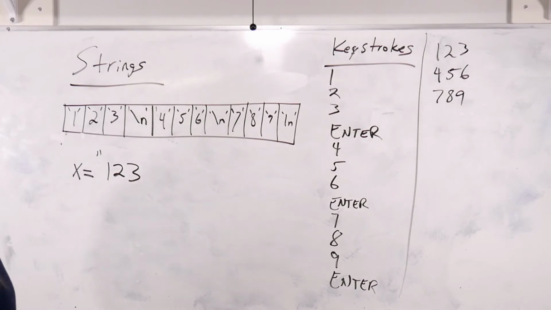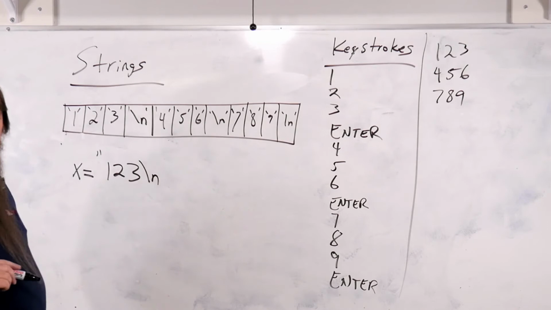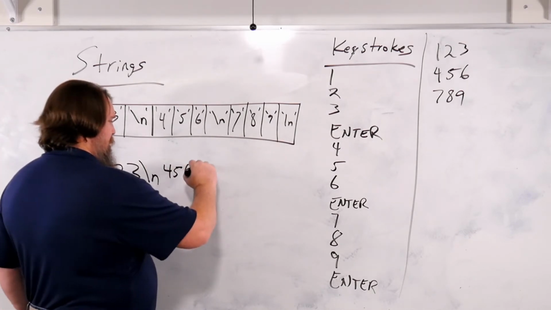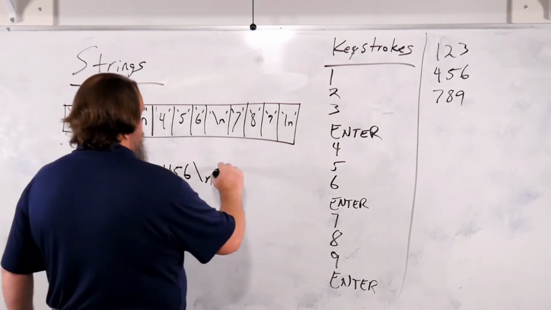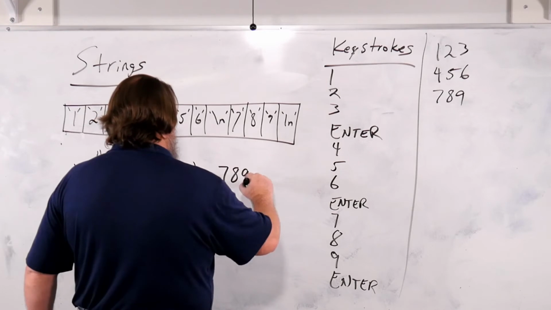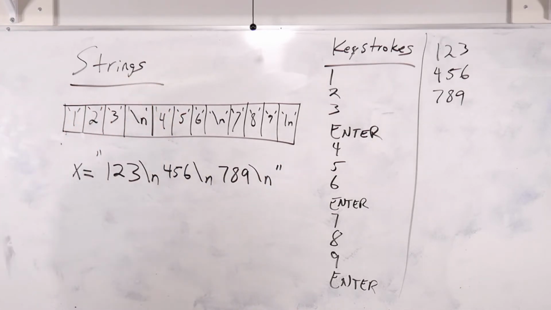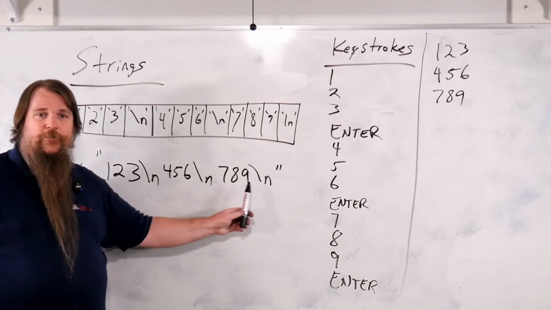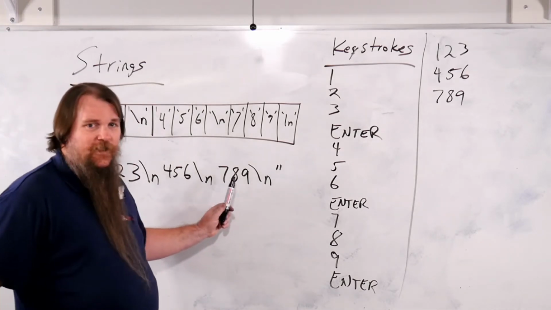You've seen that before. \n to put in the new line. 4, 5, 6, \n. 7, 8, 9, \n. So this is how we type code. We've got 4 different representations of the same thing.